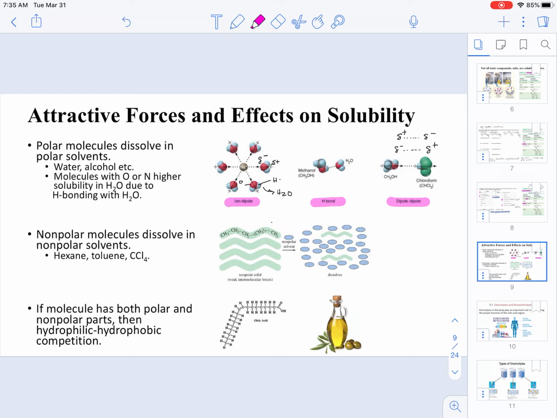So when it comes to nonpolar molecules interacting with nonpolar molecules, understand that this happens because of weak attractive forces. And as we learned previously, the weakest attractive force that is present is going to be dispersion forces.